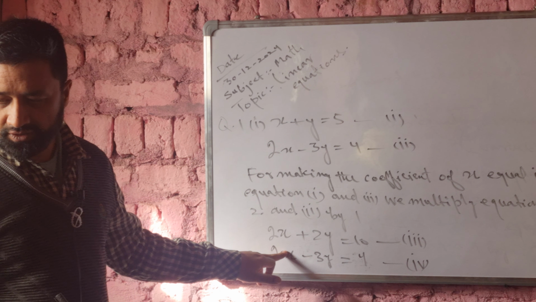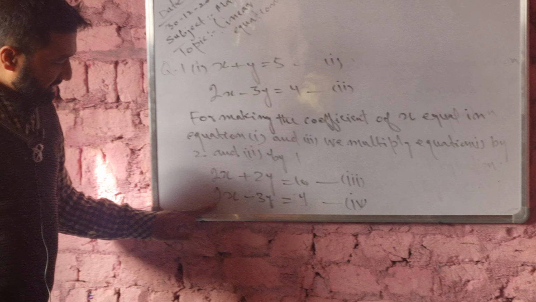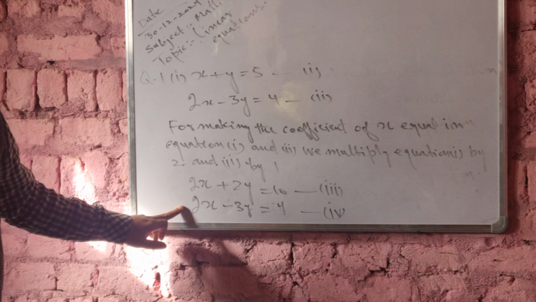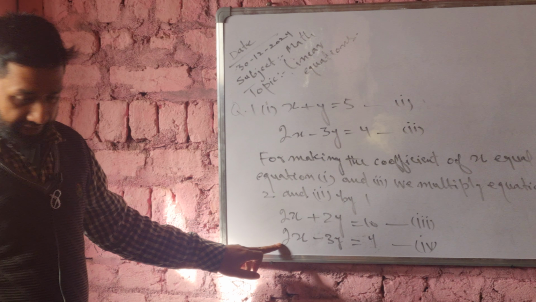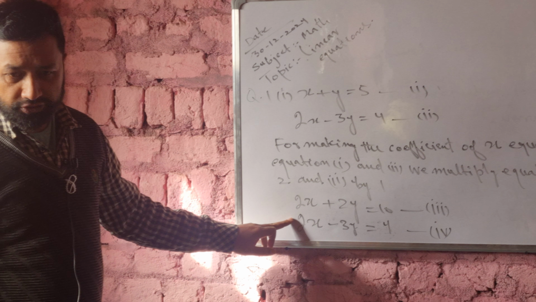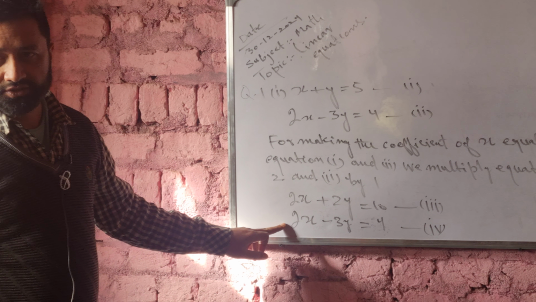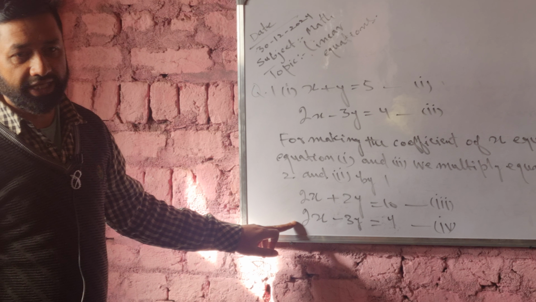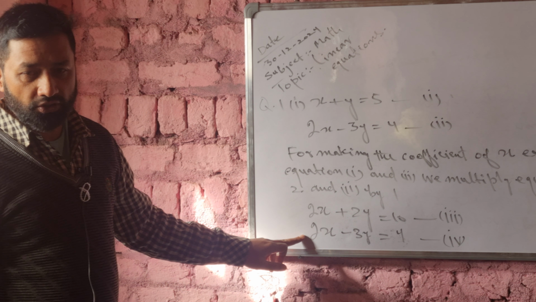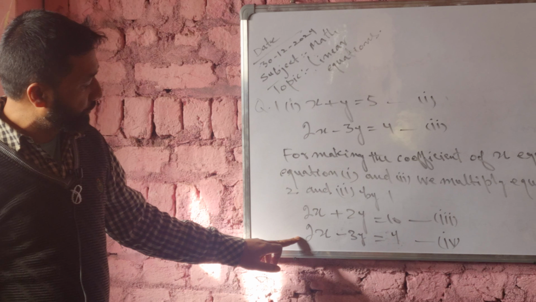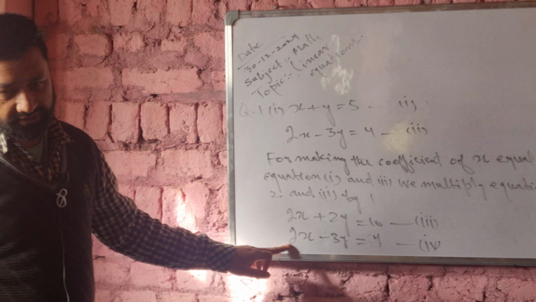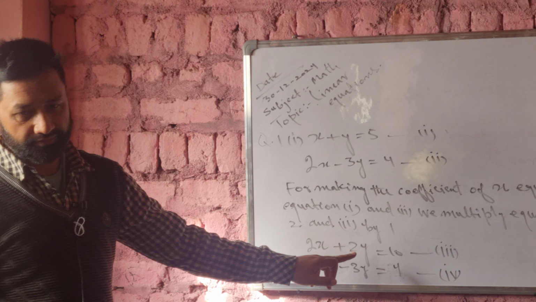Is that clear? But signs need to be changed here. 2x, 2x: both have a positive sign. Therefore, it is not possible to eliminate them. In order to achieve this objective, we have to change the signs throughout the equation.